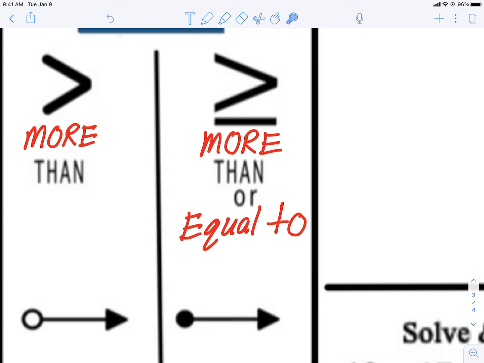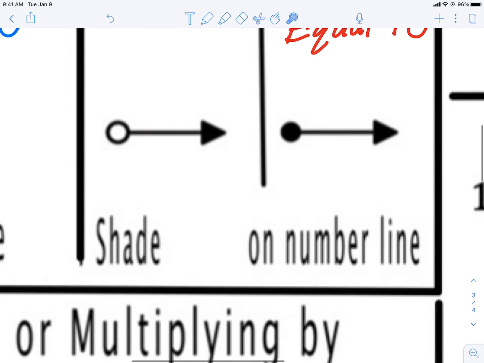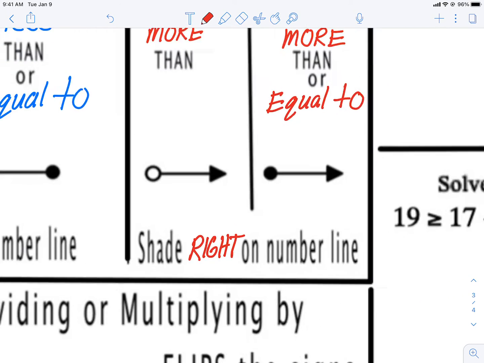And this one has a closed circle, but still shade to the right. Right? Closed circle, but still shade to the right. So when we shade, we shade right on this one. Shade right on the number line.